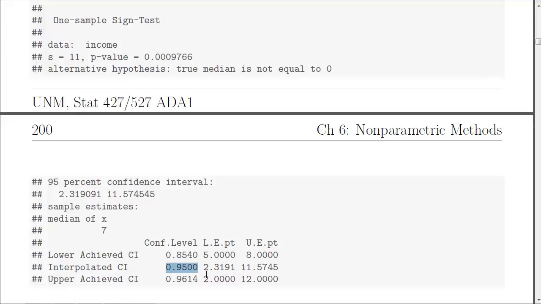And so in this case, we get a 2.3, which is between 2 and 5, and 11.6 roughly, which is between 8 and 12. And if we use those two values as our bounds, that is the best guess we have for what a 95% interval would be. Okay. So in practice, we'll feel comfortable using the interpolated confidence interval.